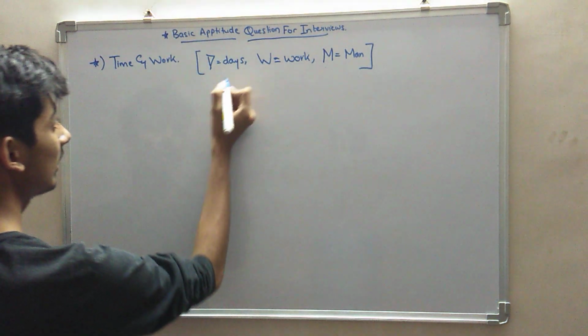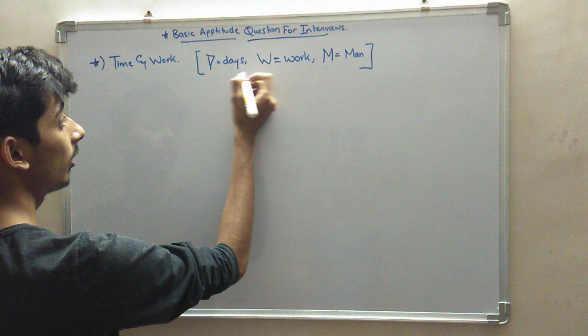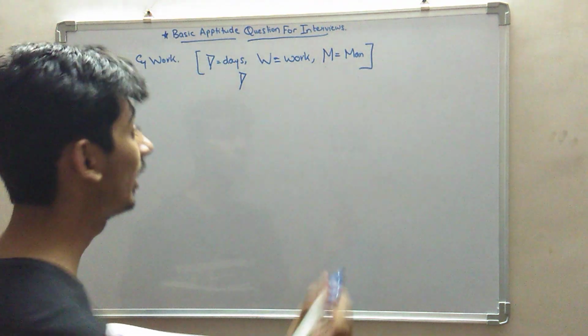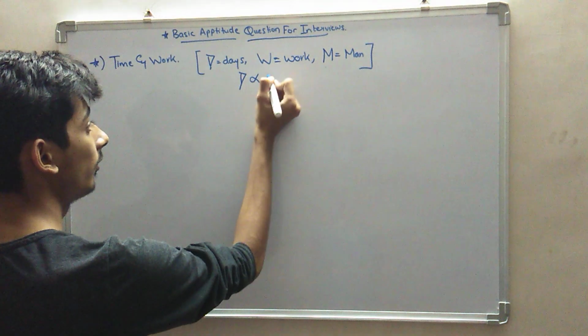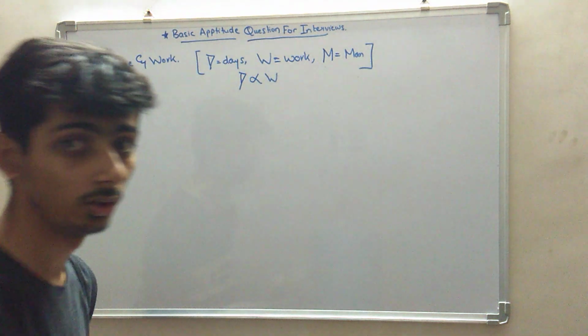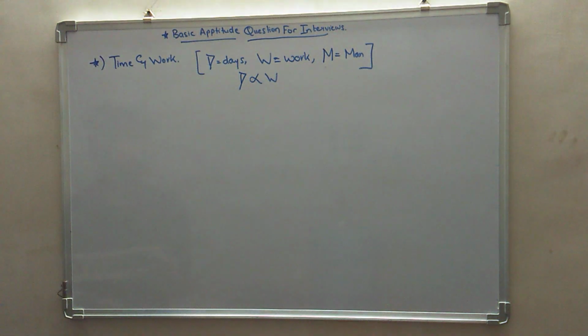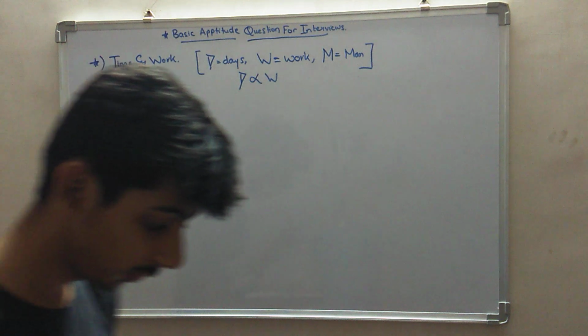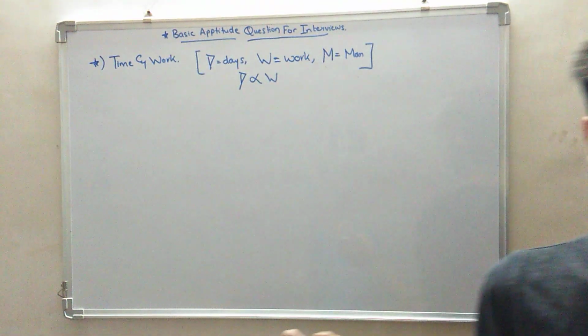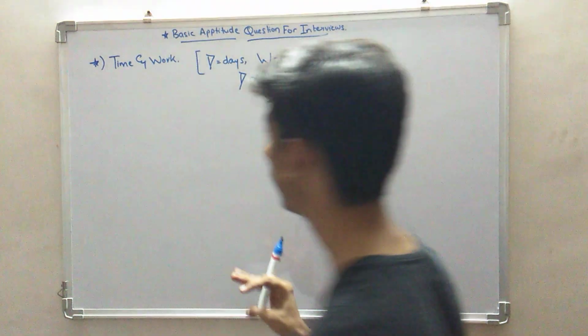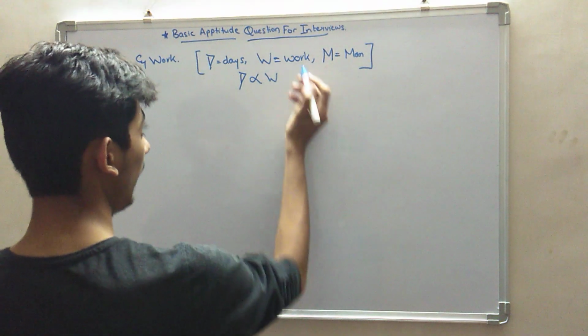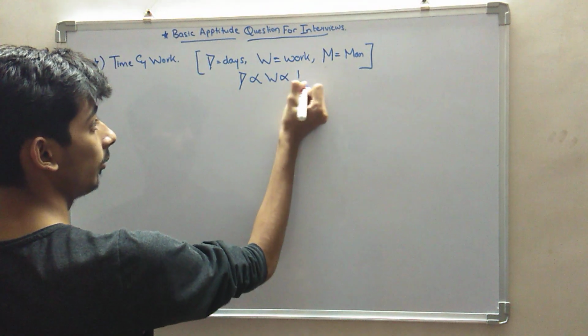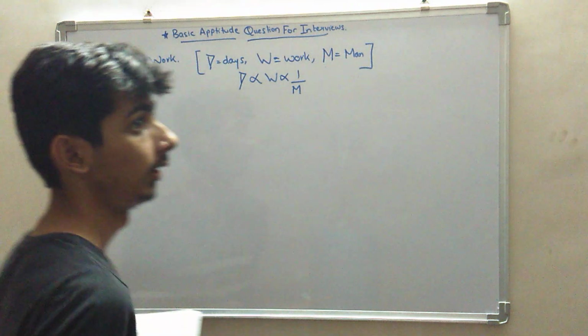So basically the formula is: the number of days or the time required to complete the work is proportional to the work. The more the number of days, the more work could be completed, and it is inversely proportional to manpower.